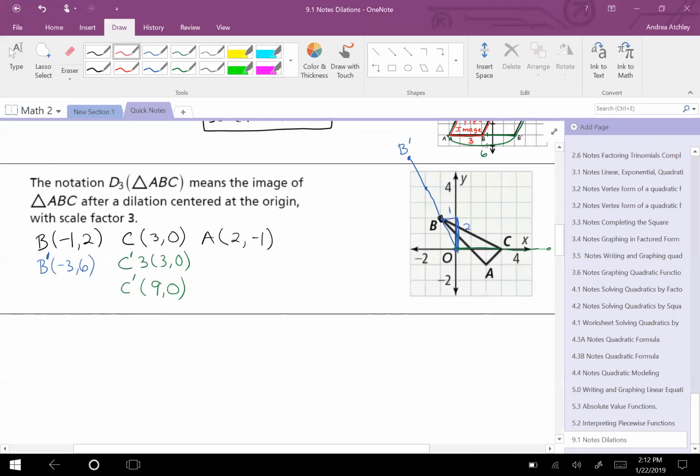A, I'm going down 1 and to the right 2. Okay, and I'm going to do that 3 times. You're going to go down 1 and right 2, down 1 and right 2. And this would be A prime. And so that is 3 times as far away from the origin.